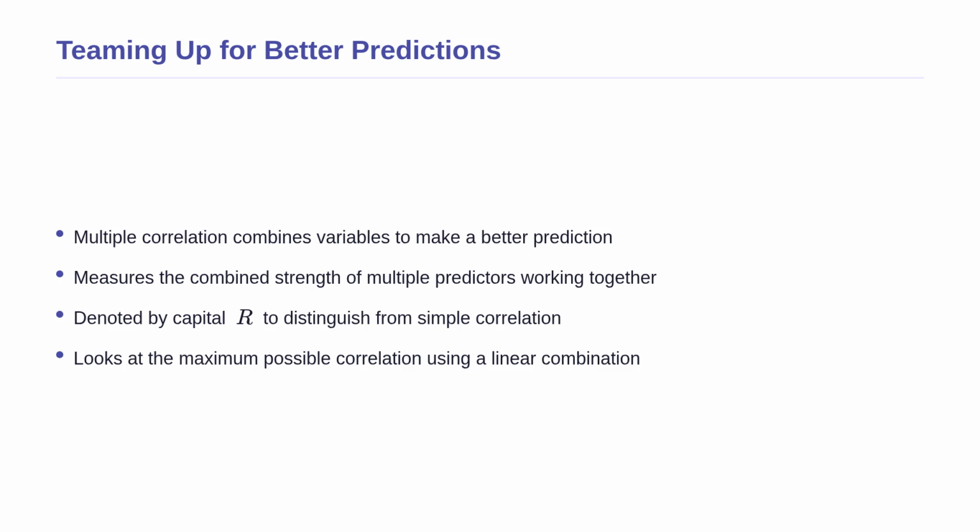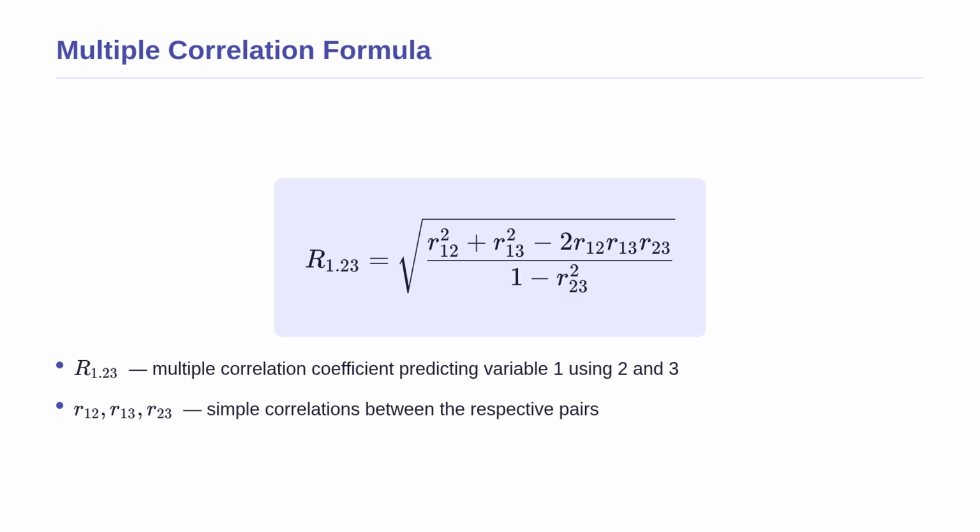For a three-variable system, we denote this with a capital R 1.23. It looks at the maximum possible correlation between the first variable and the best possible linear combination of the other variables. Here is the mathematical formula for multiple correlation.